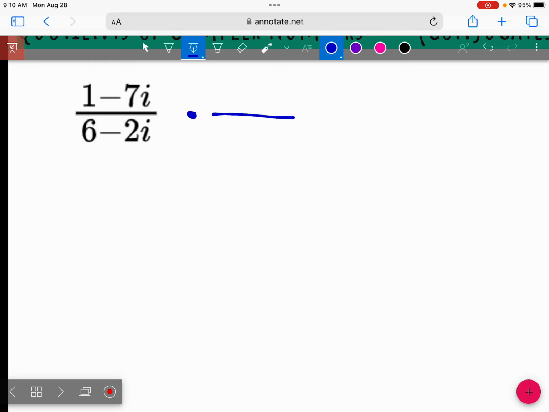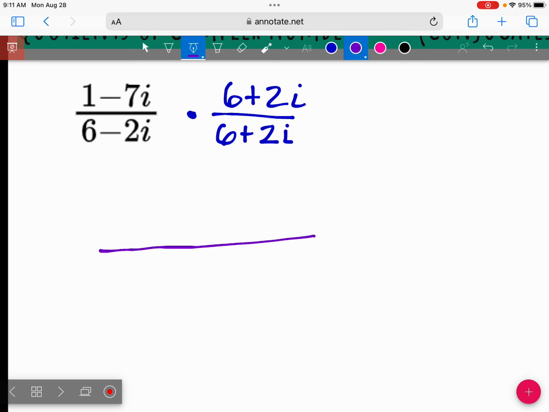All right, so we're gonna do the same thing. Our conjugate here is gonna be 6 plus 2i. So we're multiplying by 6 plus 2i over 6 plus 2i. I cannot change my equation, so do not just multiply on one side. I can multiply by funny looking ones, but I cannot just change it.